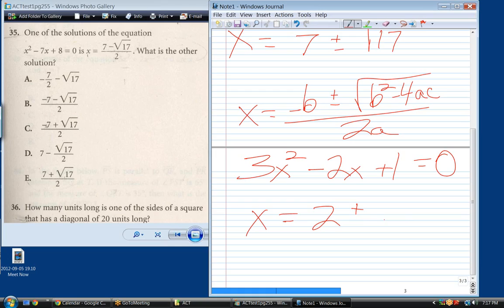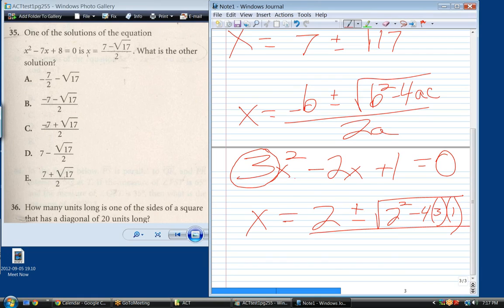2 plus or minus the square root of 2 squared minus 4 times 3 times 1, all over 2 times 2. In other words, this is a.